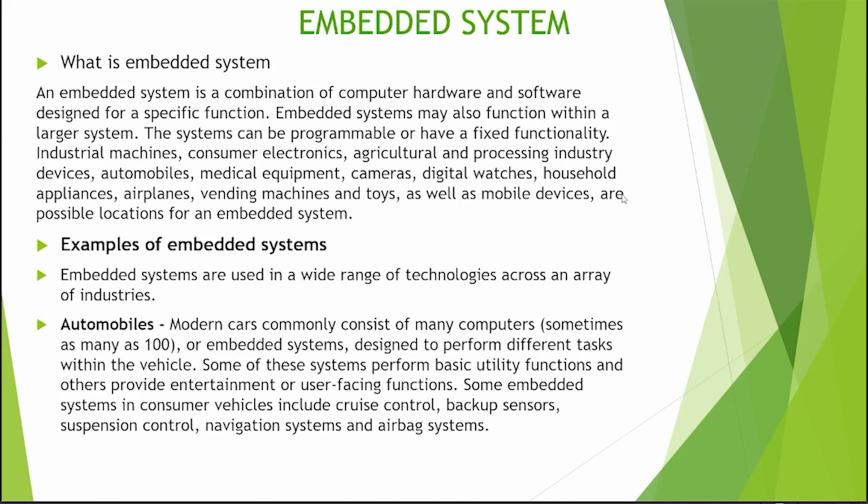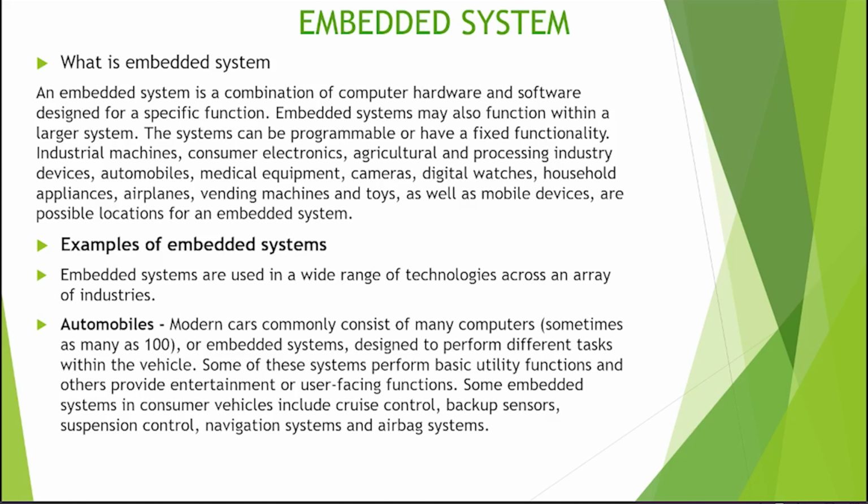Now we talk about the embedded system. So what is an embedded system? An embedded system is a combination of computer hardware as well as software designed for a specific function. Embedded systems may also function within a larger system. The systems can be programmable or have fixed functionality.